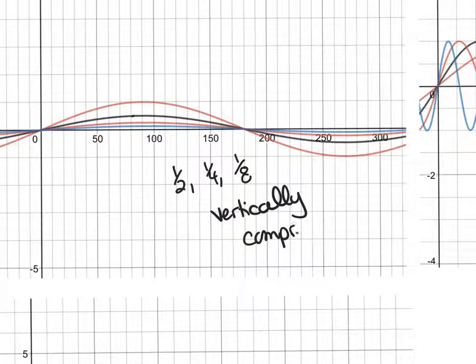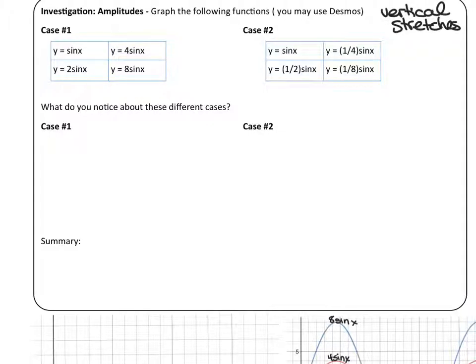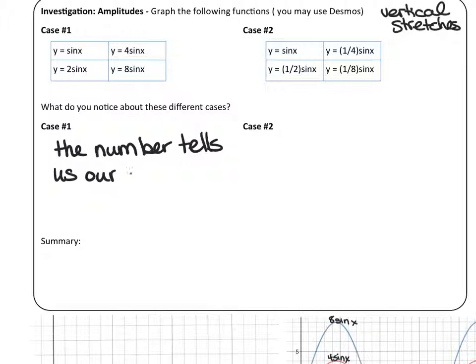So let's go back and give a little bit of a summary up the top. You'll notice that in case 1, the number tells us our vertical stretch, which is our amplitude.